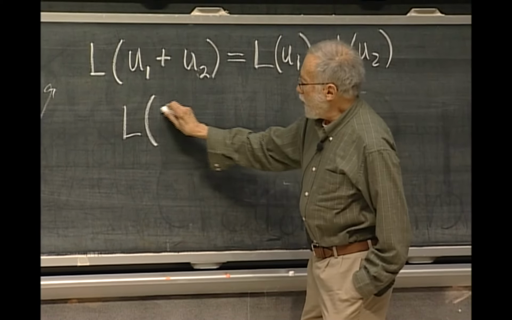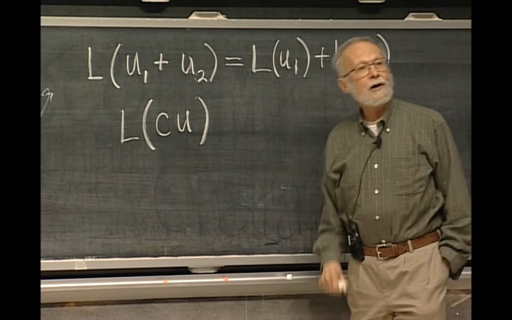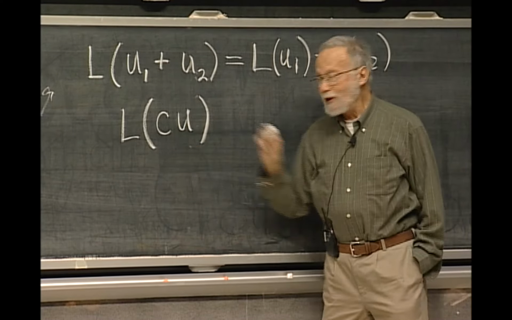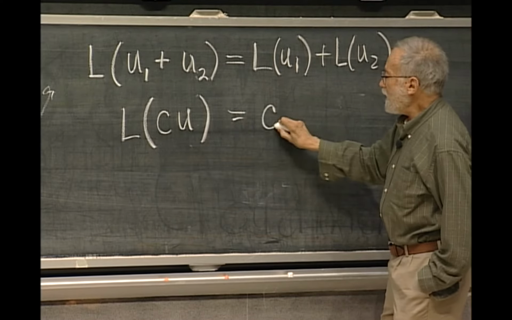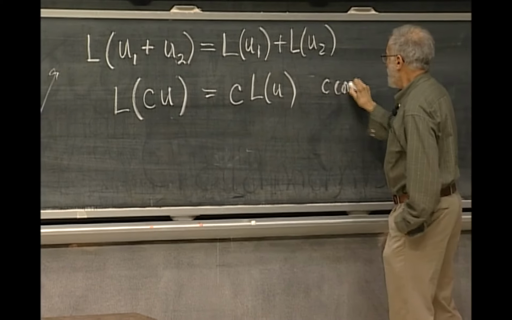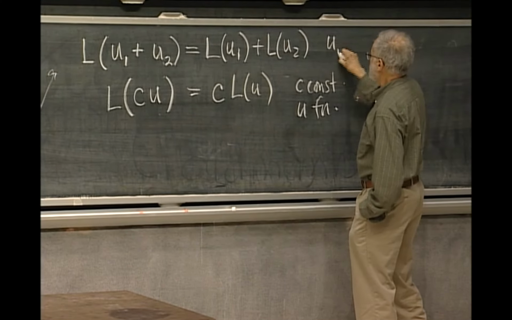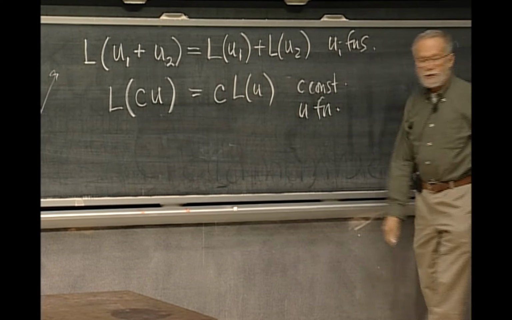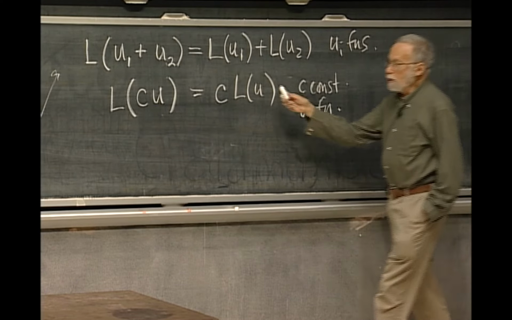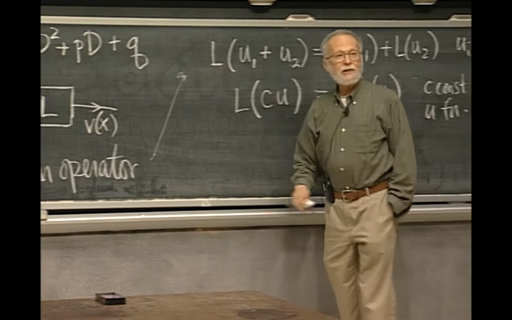The other one is L of a constant times any function, I don't have to give it a number now because I'm only using one of them, should be equal to C times L of U. So here C is a constant, and here, of course, U is a function of X. These are the two laws of linearity.